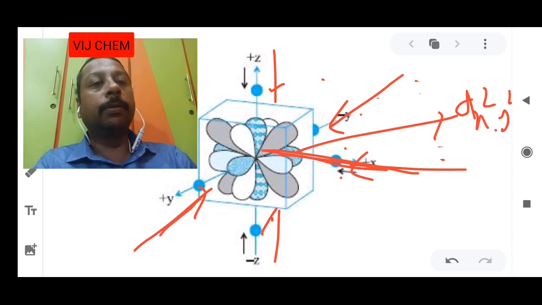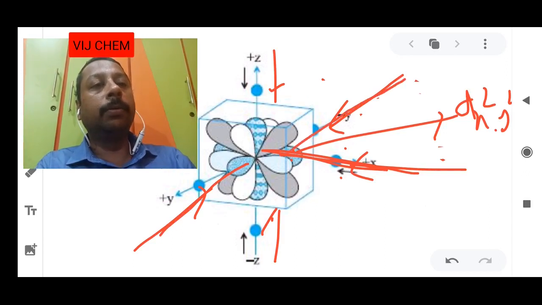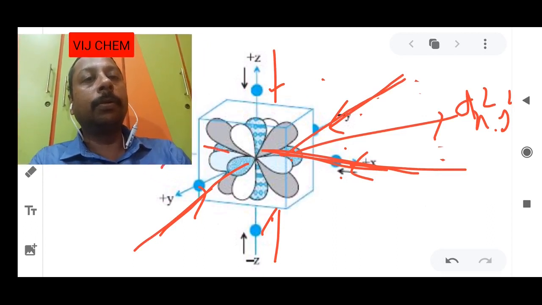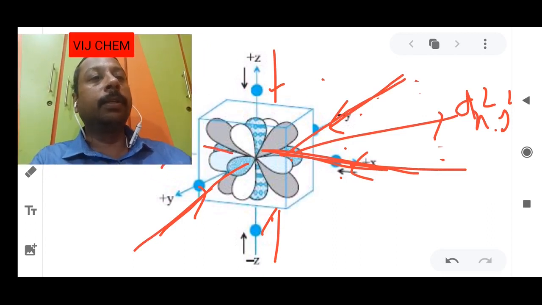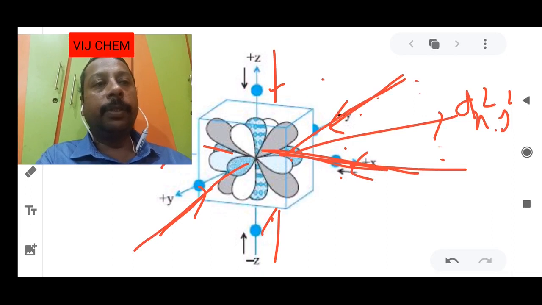See here also, they are directly going to dx square minus y square, here also, here also. So the maximum repulsion is felt by which orbital? Dx square minus y square.